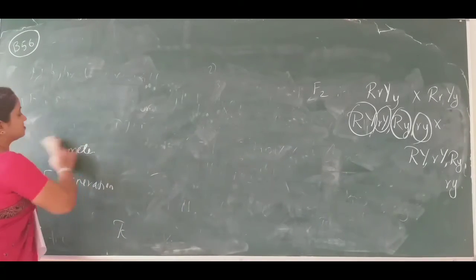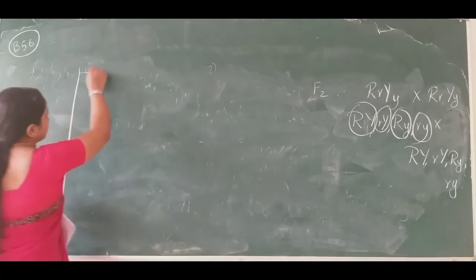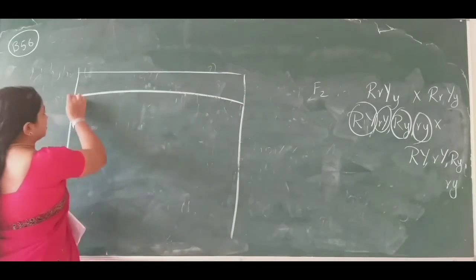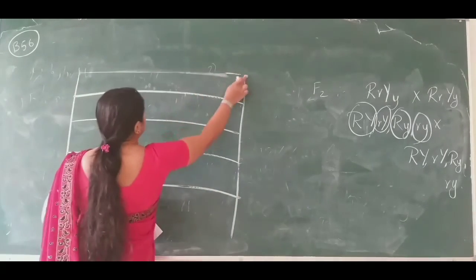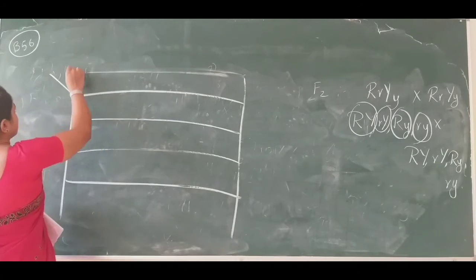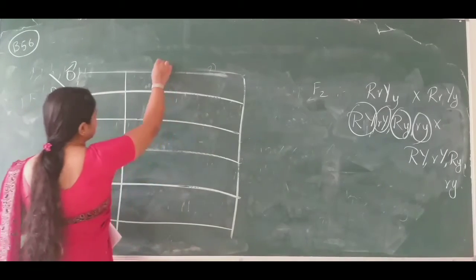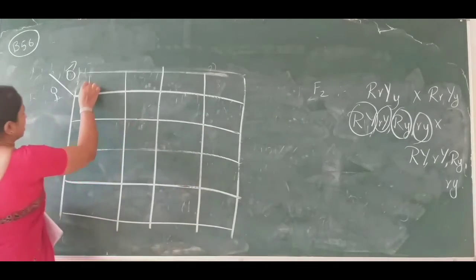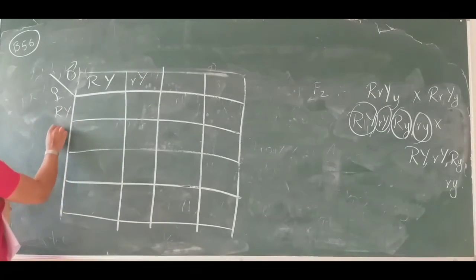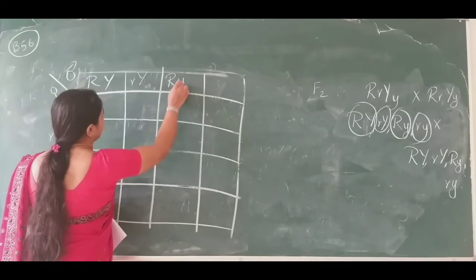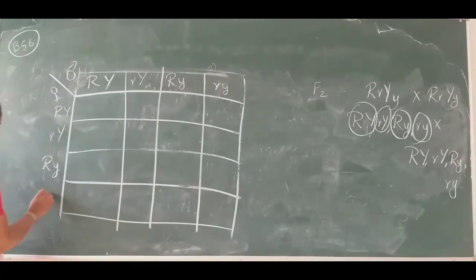Your answer should be like this. Note that in the F2 generation, male and female gametes are: capital R capital Y, small r capital Y, capital R small y, small r small y.